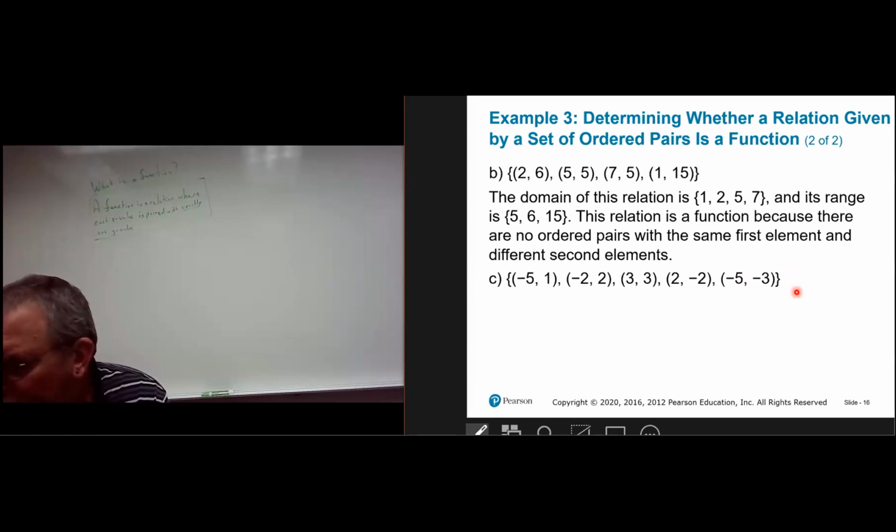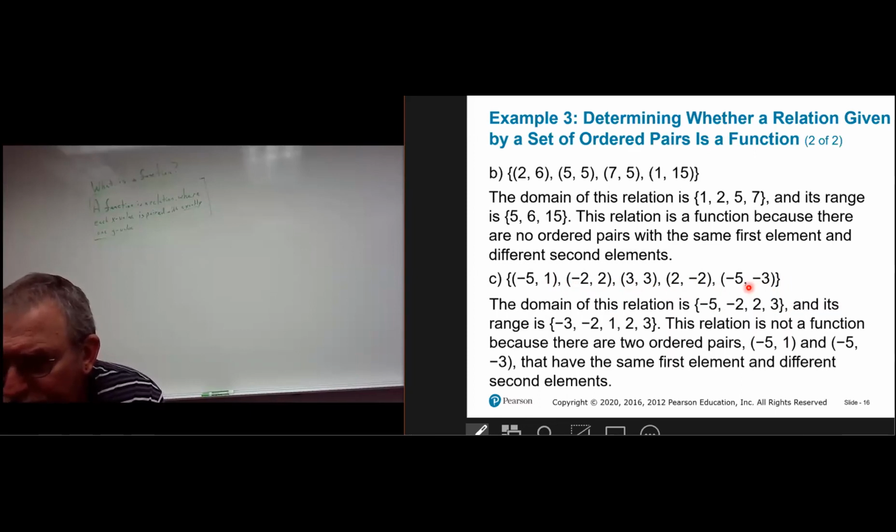Yeah, I'm kind of rushing through these because we're at time. Why isn't it a function? Someone tell me quick. Yeah. The -5 has two y values. -5 goes to 1 and -5 goes to -3, so that makes it not a function.